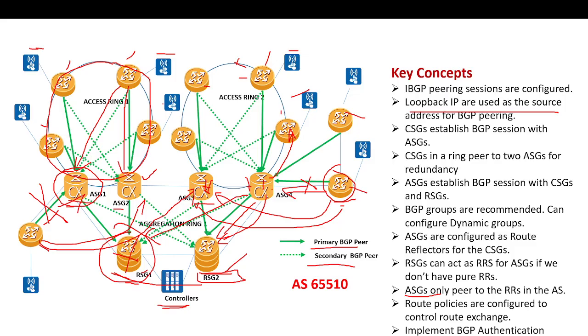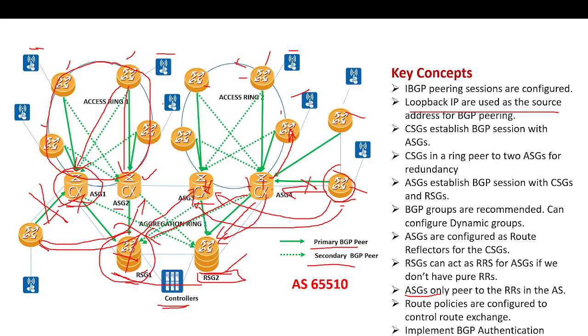Any question? Okay, sorry to draw you back a little. For the ASGs, you said it can act as a route reflector for the CSG. Am I correct? It acts as the route reflector for the CSGs. That's correct.